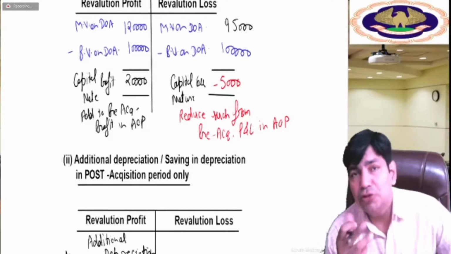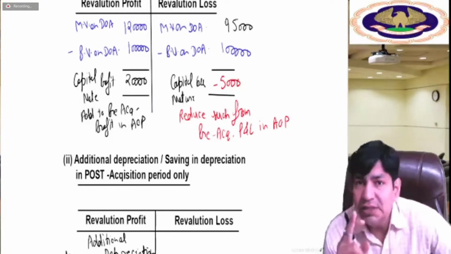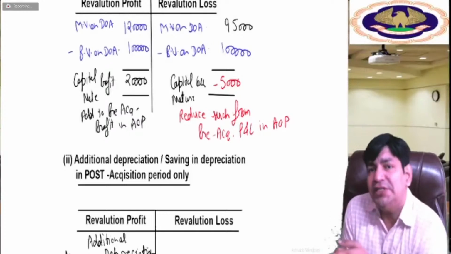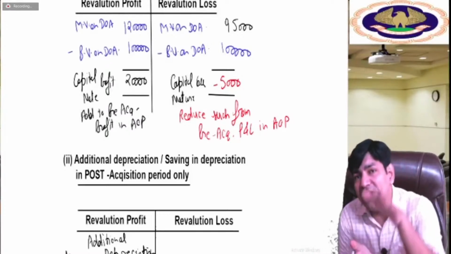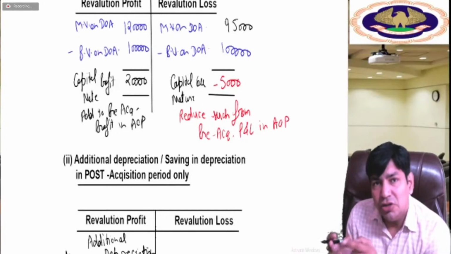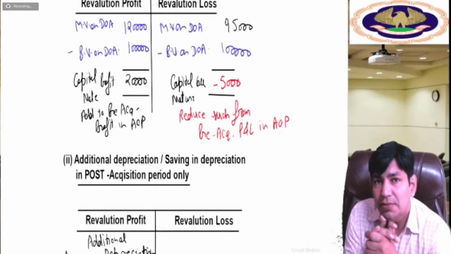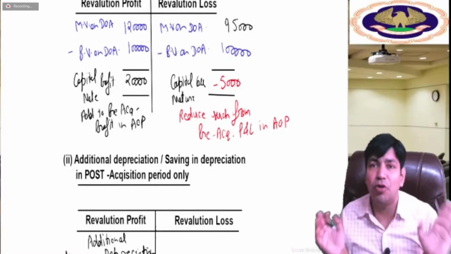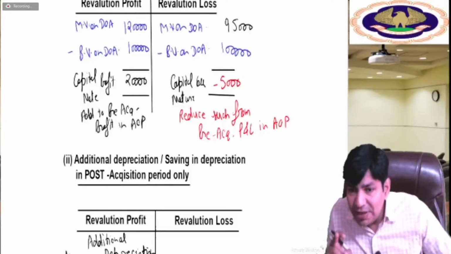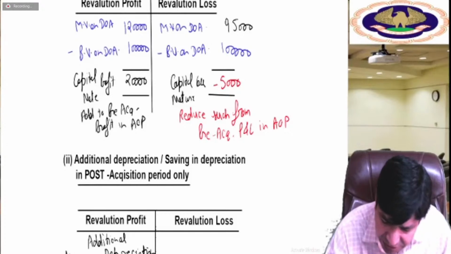This is having an opposite treatment. In the book value, assets is more. It means in the post-acquisition period, subsidiary has charged more depreciation. And if we are reducing that value, it means in the post-acquisition, the depreciation of such revalued additional part must not be charged in the profit belonging to post-acquisition. It means there will be less depreciation. So that is called saving of depreciation.